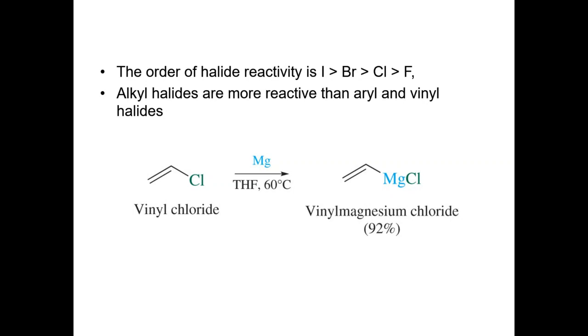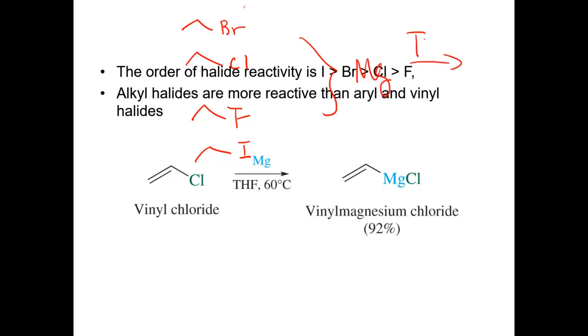First, we want to look at how the type of halogen can affect the reactivity. Let's say you have a bunch of halides where the alkyl part is fixed and only the halogen is different. All of them react with, let's say, magnesium in THF at the same temperature, and then we compare their reactivity. We will see that iodide is most reactive and fluoride is the least reactive.